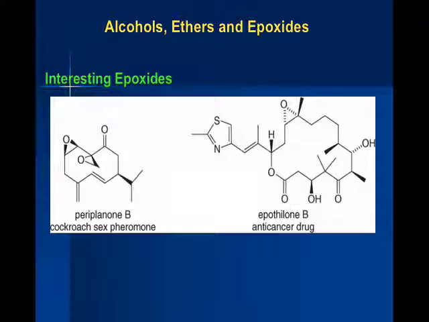Maybe a little more important, epothilone B. This is an anti-cancer drug. This is a very complicated organic molecule, and you can see a variety of different functional groups. Here's the epoxide, that three-membered ether ring that we need, right? If it's not there, this doesn't work. But also you have alcohols, right?